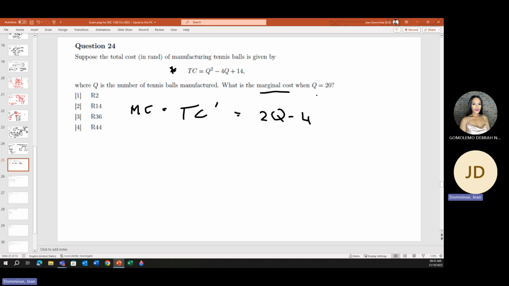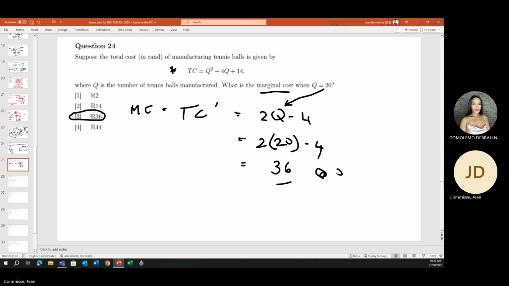And then they tell us that Q is equal to 20. So 2 times 20 is 40, minus 4 is 36. So your marginal cost will be 36 at Q equal to 20.